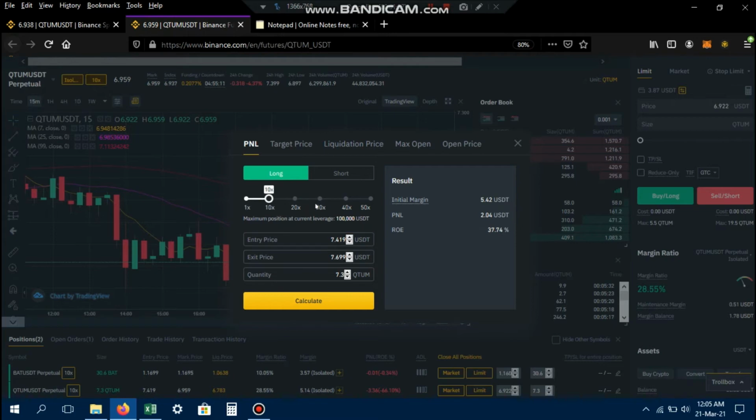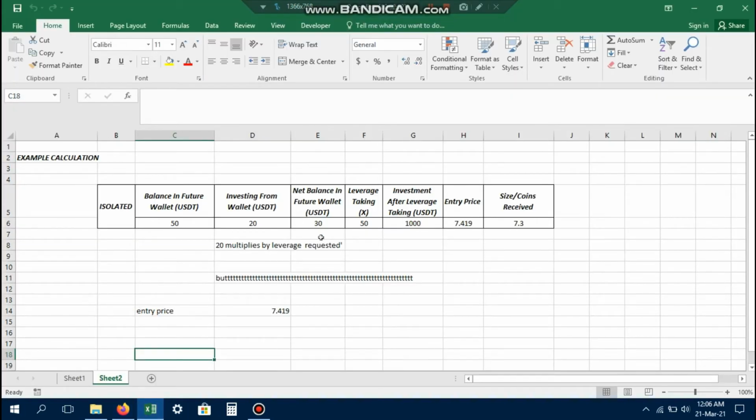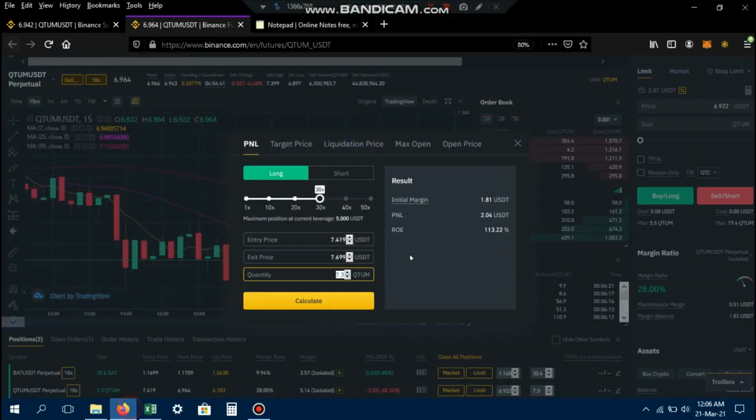Now for example, if you had invested with 30 leverage, the profit is the same but the quantity would change. Maybe if I make it 50, you would have got a 14 profit. Now, the more the leverage, the more the profit.